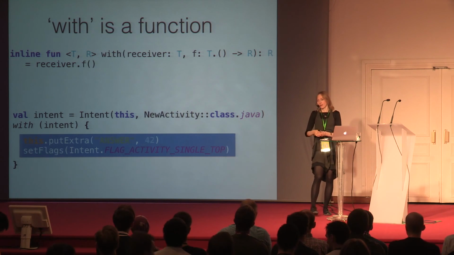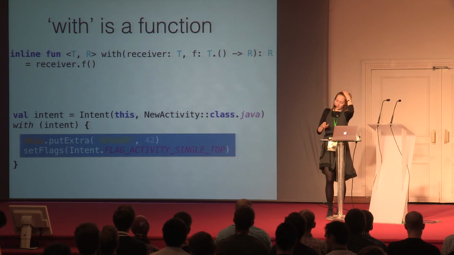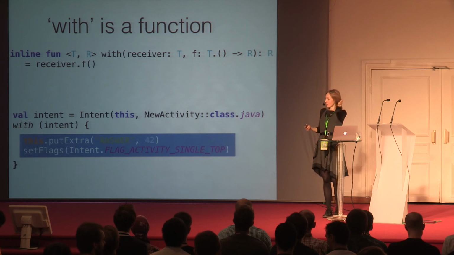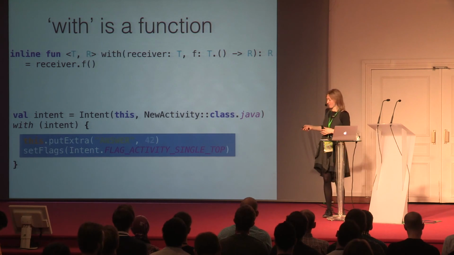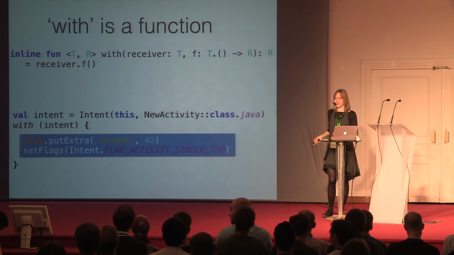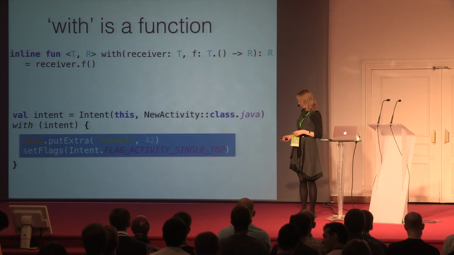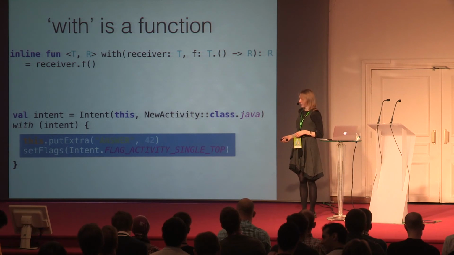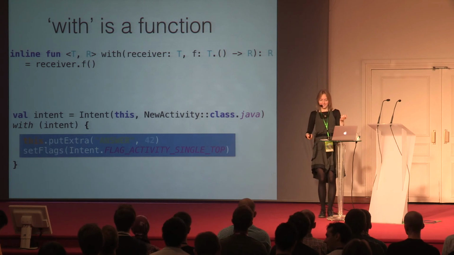We don't have to invent or implement some special language constructs. We can just use functions. And in this example, when you use with, this blue square is just a lambda. Again, this is the lambda body, and this is an implicit receiver in this lambda. So Kotlin is an expressive language indeed.